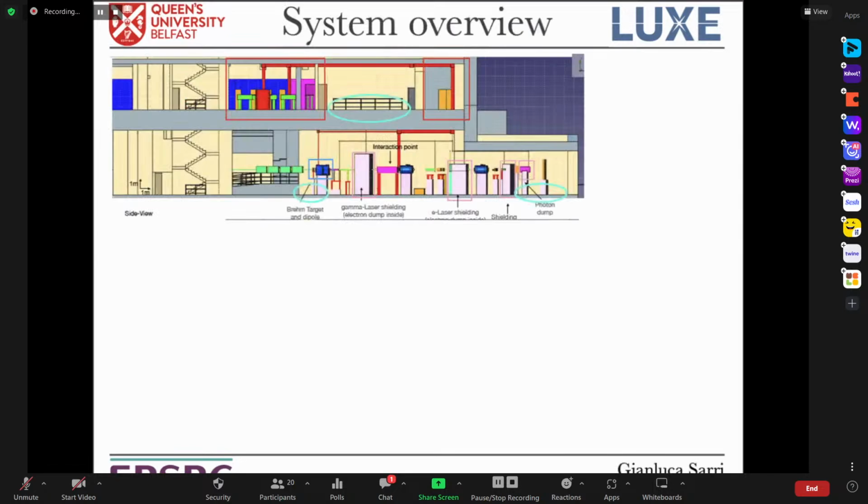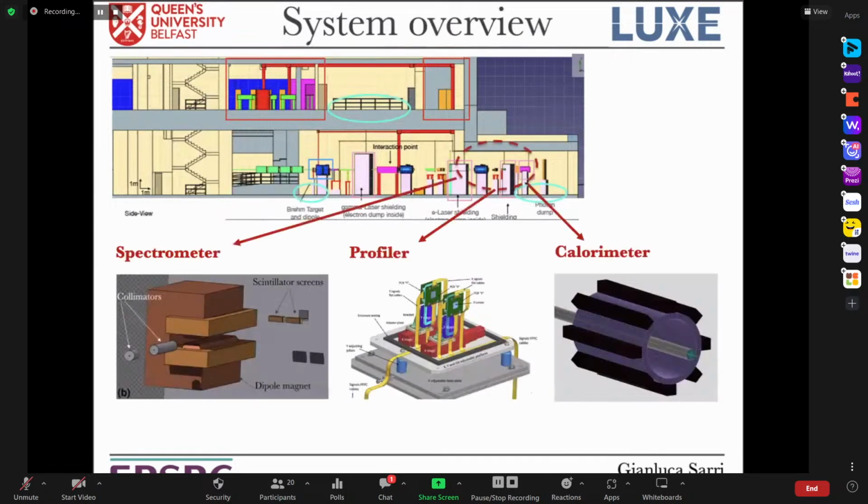One of the motivations for developing detectors of this kind is high field QED experiments, and one of these experiments currently planned is the LUXE experiment, which is planned to take place at the European XFEL.